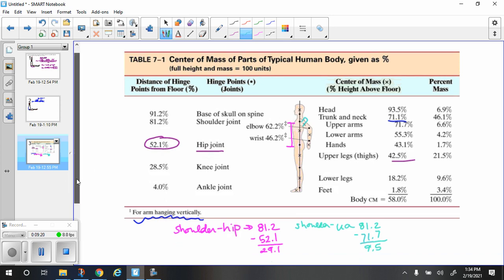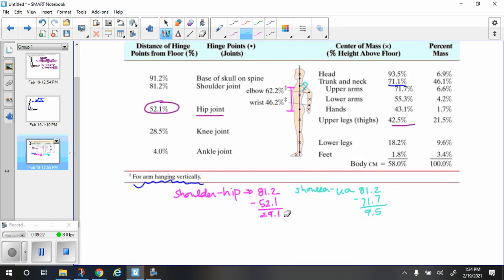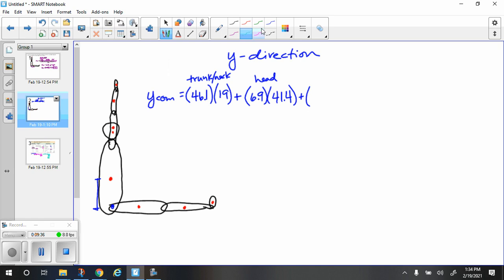So then my total value there would be, I would add those two together. So I would add the 29.1, and I get 38.6. So that's what goes here. That's my position above the hip.